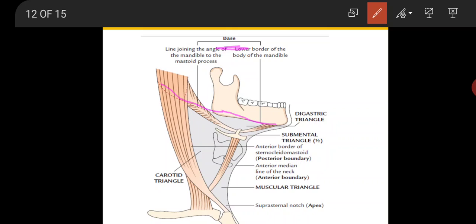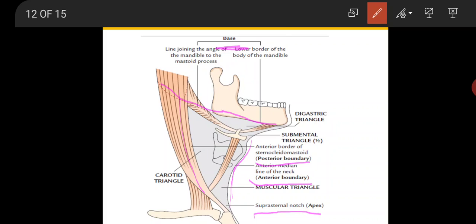The anterior boundary is the anterior median line of the neck, and the posterior boundary is the anterior border of the sternocleidomastoid muscle. The meeting point of these two is the apex, at the suprasternal notch, where the posterior boundary and anterior boundary meet. So these are all the boundaries: anterior, posterior, base and apex.